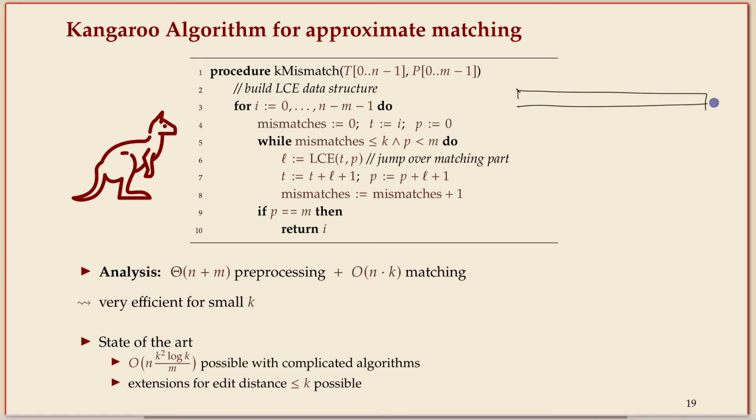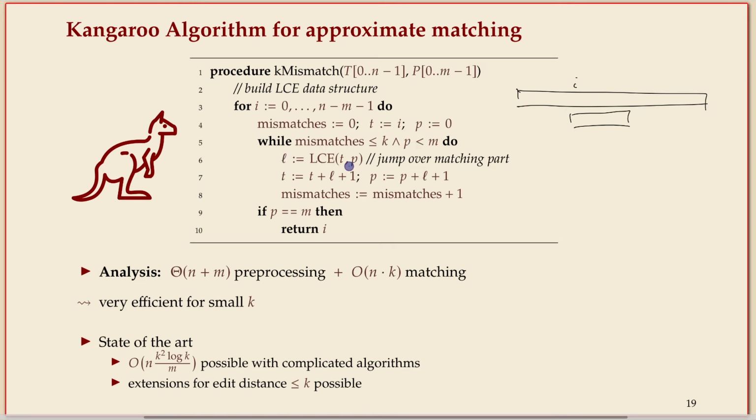For each position in the text where we could align the pattern, we count how many mismatches we've already used up. And we keep track of the position inside the pattern. And as long as we have budget for more mismatches and we haven't reached the end of the pattern, we do another jump. And the jump is given by this.